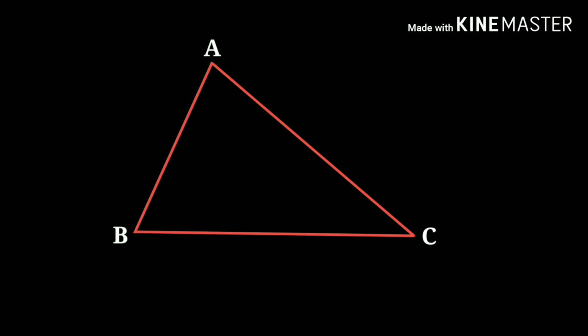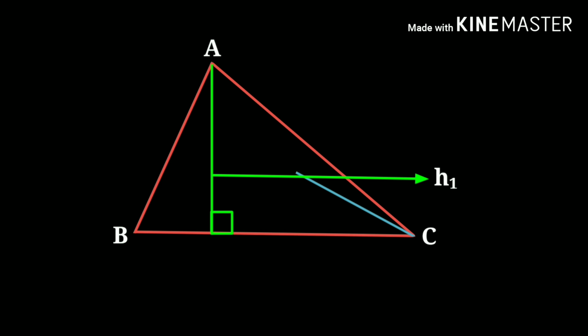So ABC is a triangle, and in this we have drawn a perpendicular on BC from A, which is of h1 units. So h1 is the height corresponding to the side BC. Now let's draw another perpendicular from C onto AB. So this is called the height corresponding to side AB, which is of h2 units length.